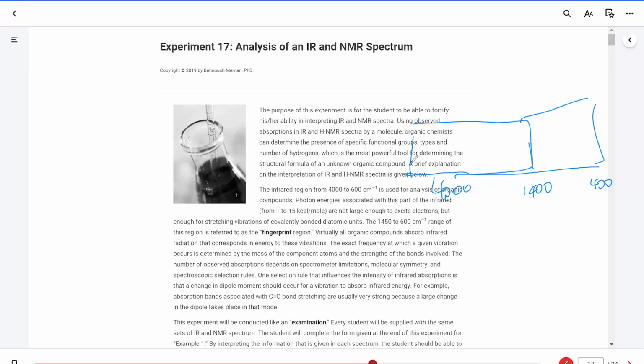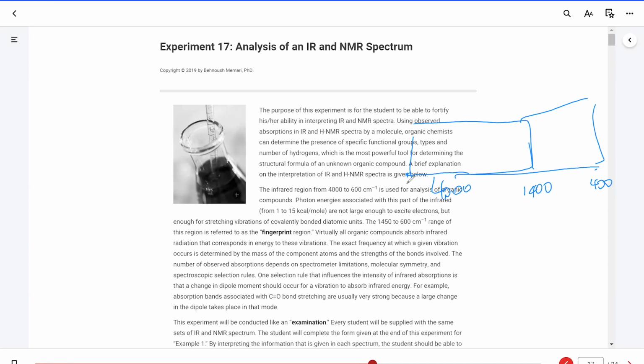Now, mostly all organic compounds have absorption in this region of light, and the absorption is shown by peaks. The location of the peak and the strength of the peak are used to interpret what type of functional group the organic compound contains.